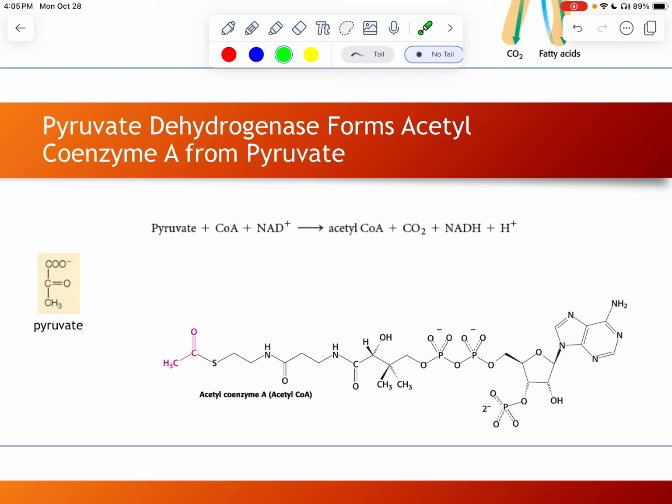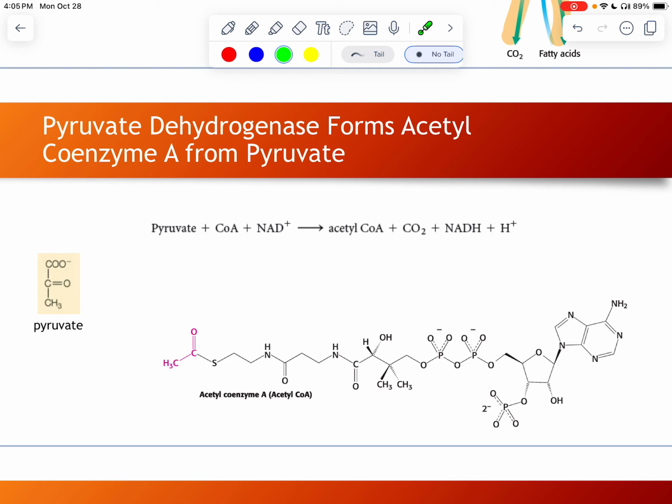If you remember, our pyruvate is an alpha keto acid. So here's that ketone part, right? Here's our carboxylic acid piece. The ketone is bound to that alpha carbon right there.